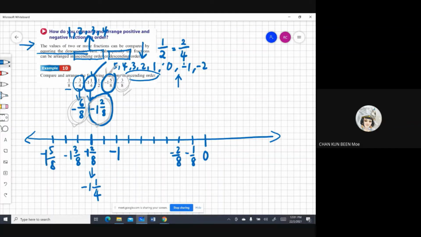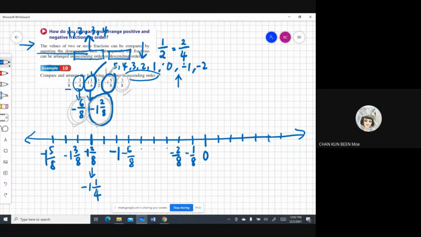And then negative 6 over 8 is to the right. This is 1, 2, 3, 4, 5, 6. Okay, this is negative 6 over 8.